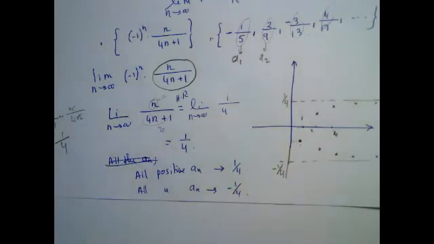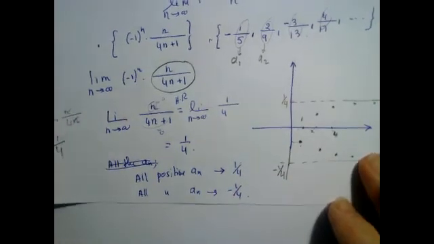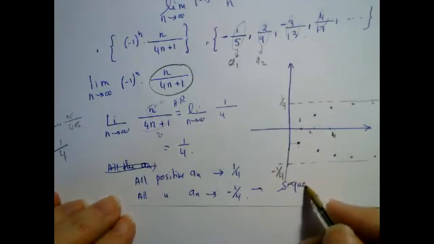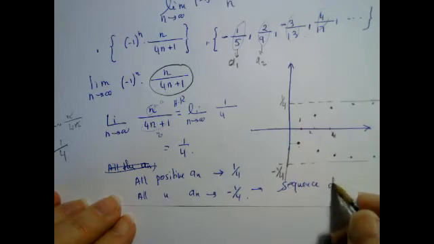So some terms are getting close to 1/4 and some to minus 1/4. So therefore the sequence diverges because we don't have a unique limit. Sequence diverges.